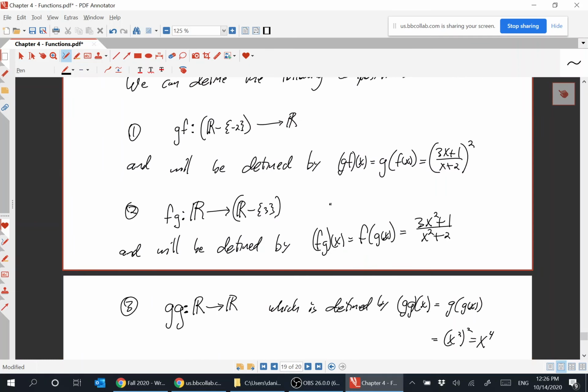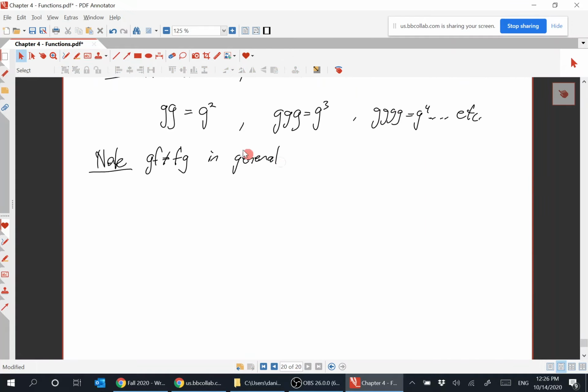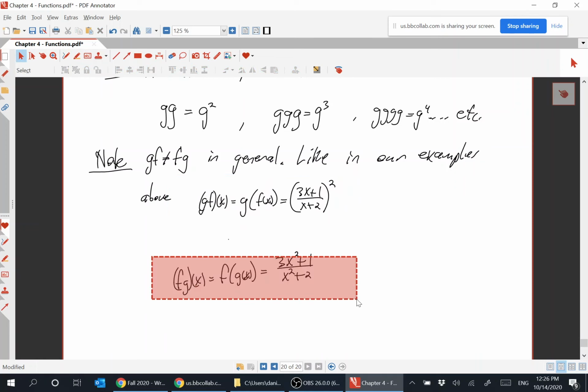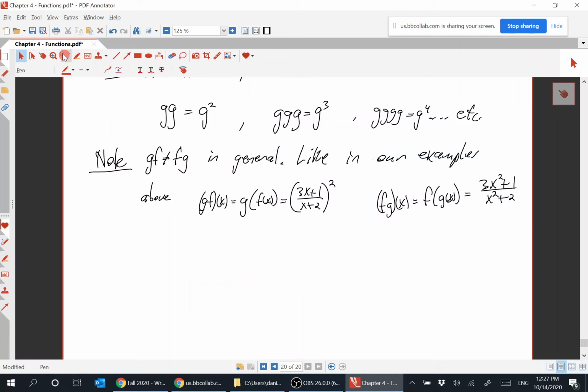Right, we have the basic example right here, like in our examples above. g following f is ((3x+1)/(x+2)) squared, and f following g is (3x²+1)/(x²+2).